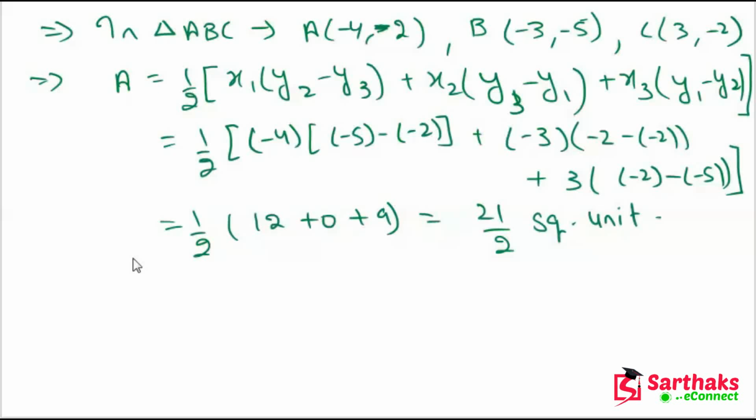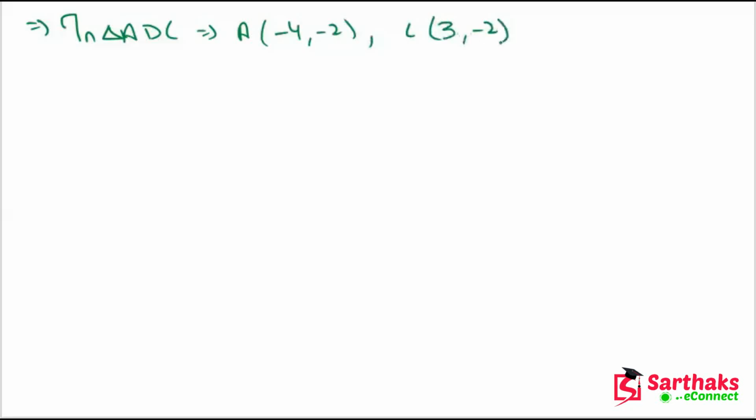Now we have to find the area of triangle ACD. In triangle ADC, first of all we have to write the coordinates. We have A as (-4, -2), C as (3, -2) and D as (2, 3).